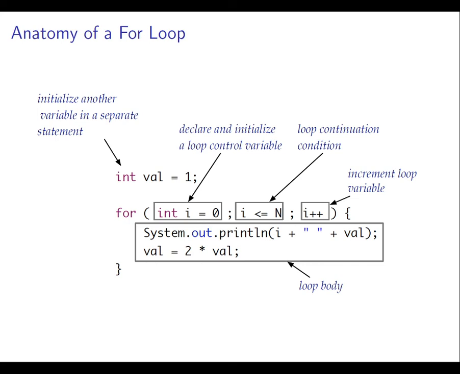And then we are going to double the value of val before we go back and increment the loop variable and check whether it's less than or equal to n. So you can see this program actually does exactly the same thing that we saw in the while loop version. It's going to print out the indices and the corresponding powers of 2 up to our value n, that is where we want to stop.